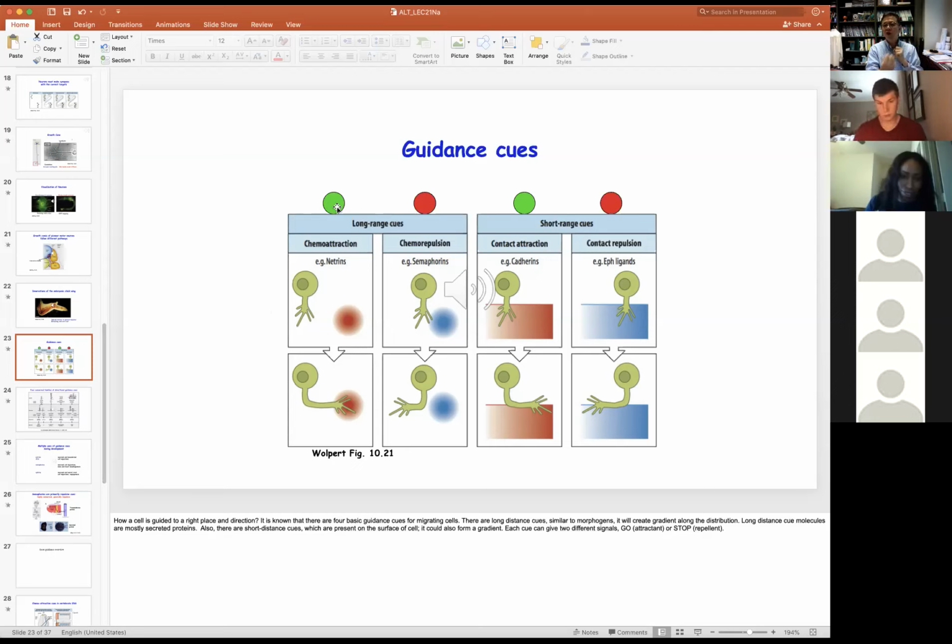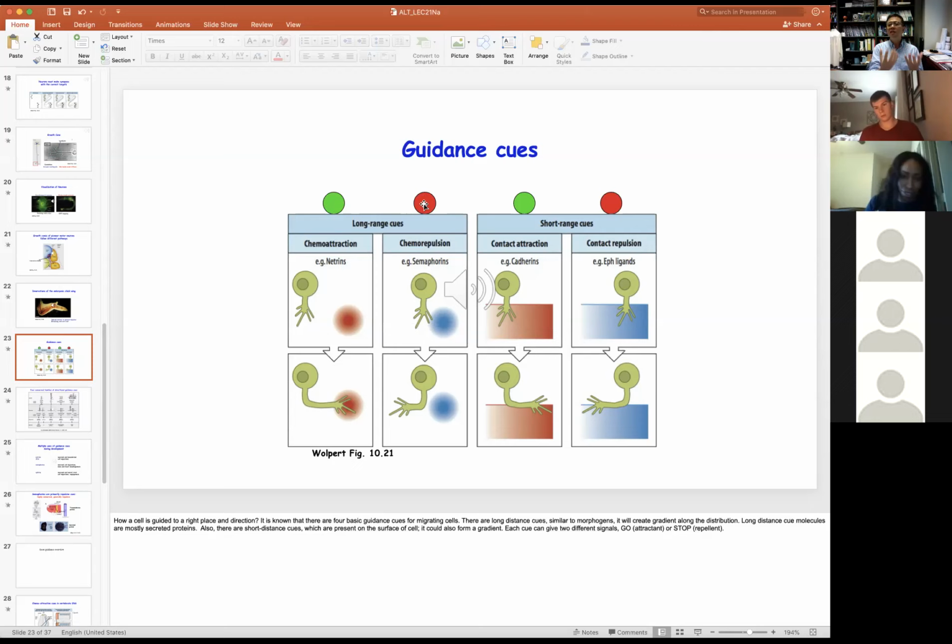You are attracted by certain chemical, so that's why you are following that chemical. You are trying to go to the area where the concentration is very, very high. And the other one, the red signal, is the repelling signal, isn't it?